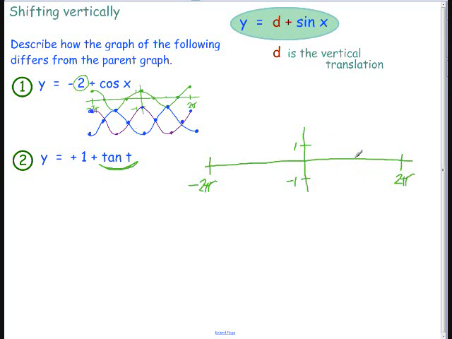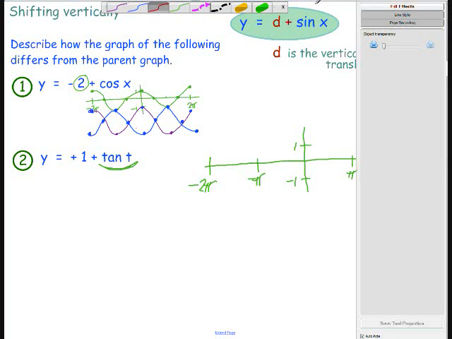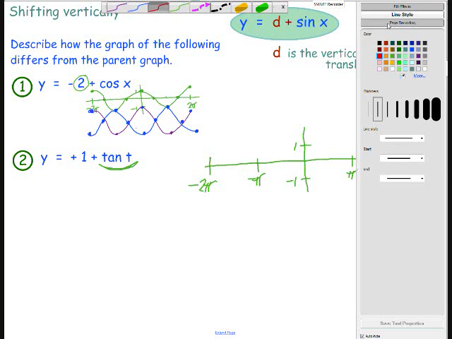Well, we've got a lot of asymptotes, don't we? Here's pi. Here's -pi. And we're going to draw in our asymptotes. Let's see if I can do it.